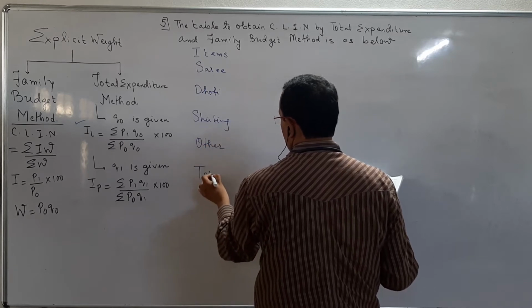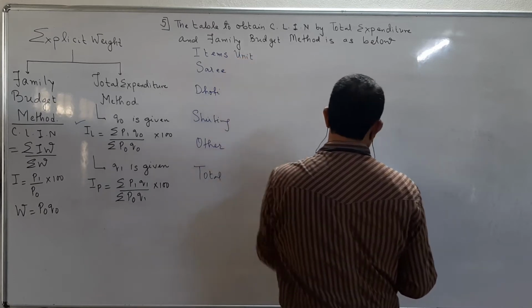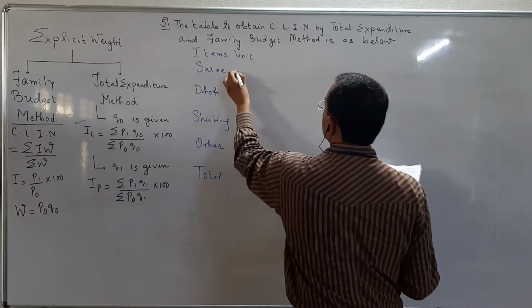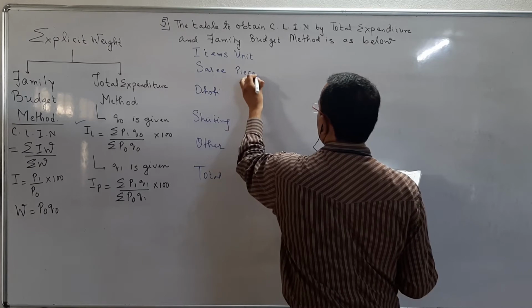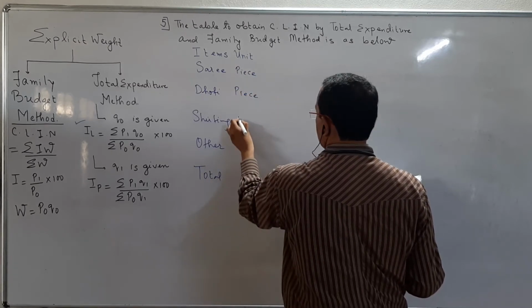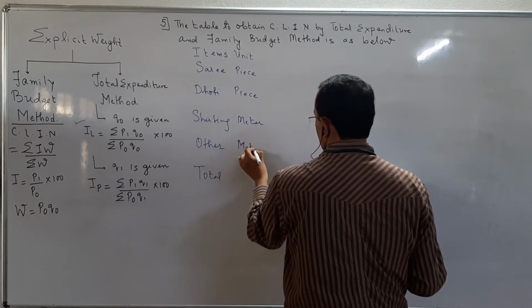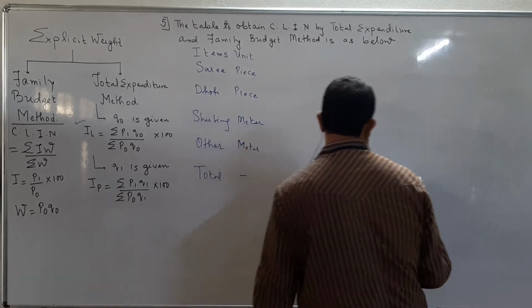The unit is per piece, while shirting is per meter, and the other clothing may also be per meter.